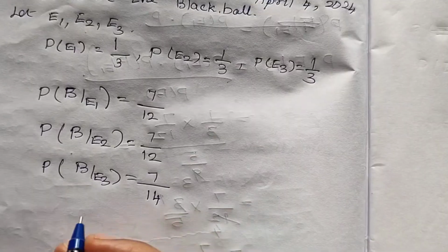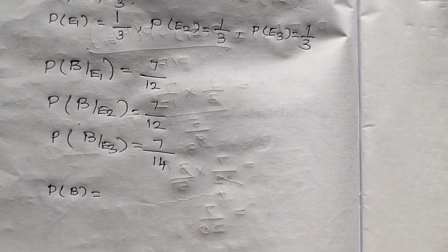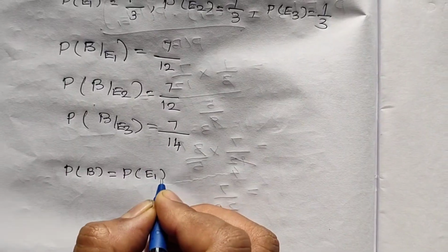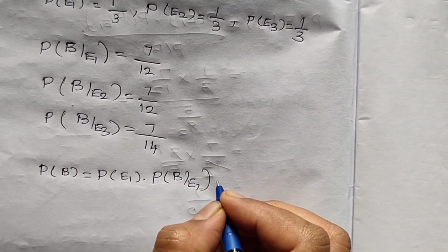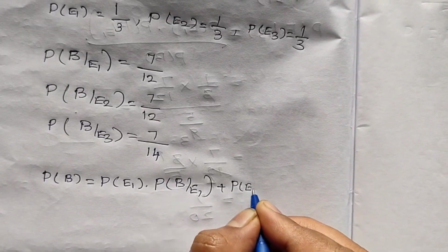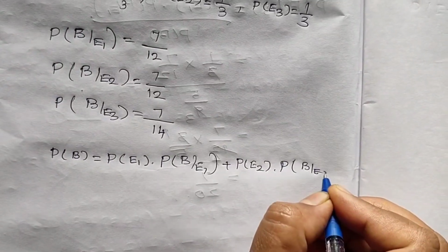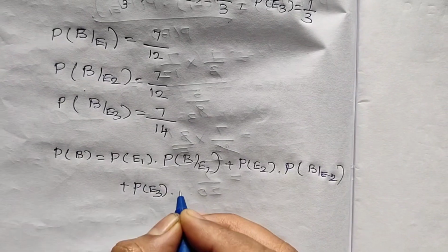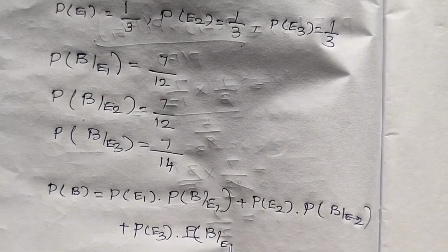Next we have to find P of B. We are going to use the total probability theorem. P of B equals P of E1 into P of B by E1, plus P of E2 into P of B by E2, plus P of E3 into P of B by E3.